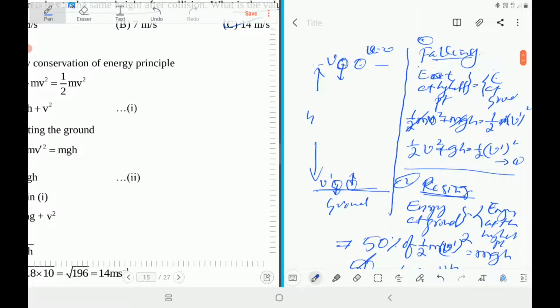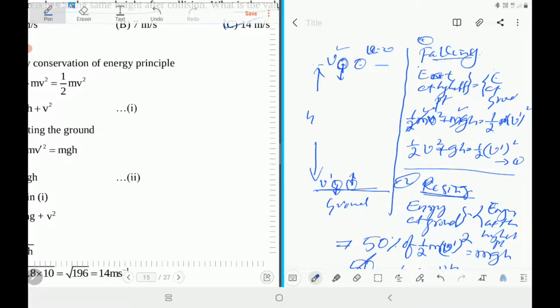Or you remember how to start and how to continue. Actually, he says the initial velocity is not 0, it's not just dropped, it's thrown down with a velocity v from height h. So at the highest point it has kinetic energy plus potential energy.